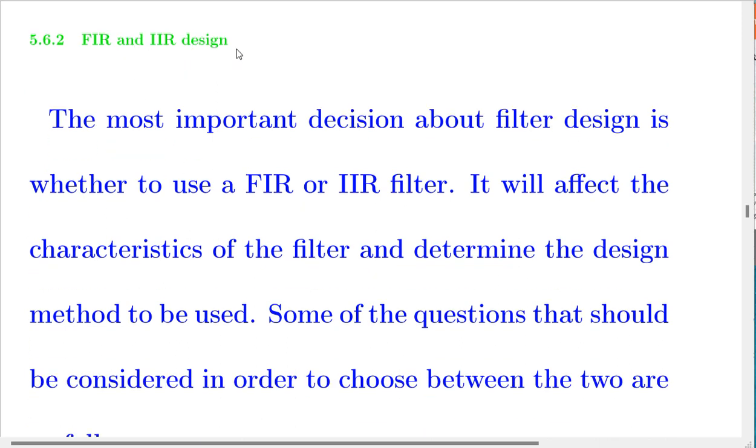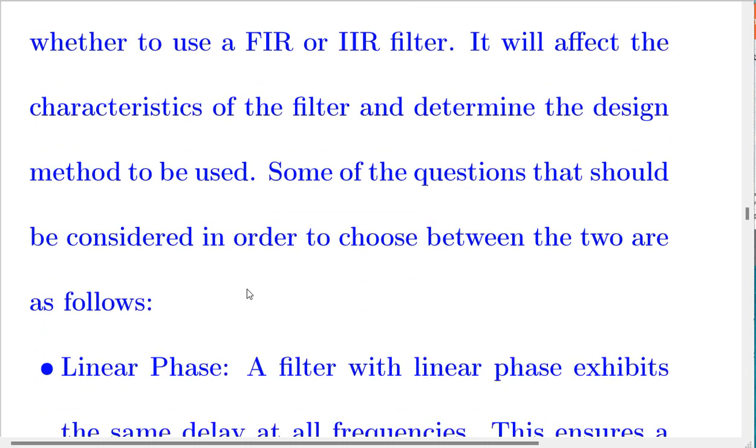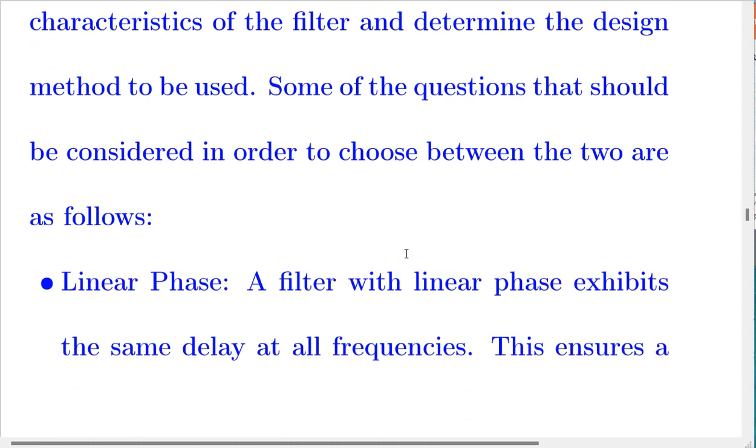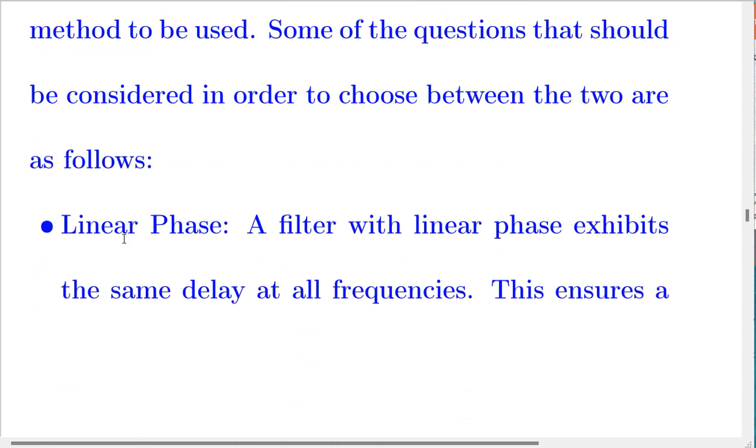FIR and IIR design. The most important decision about filter design is whether to use a FIR or IIR filter. Which one is suitable? It will affect the characteristics of the filter and determine the design method to be used. Some of the questions that should be considered in order to choose between the two are as follows. Linear phase.